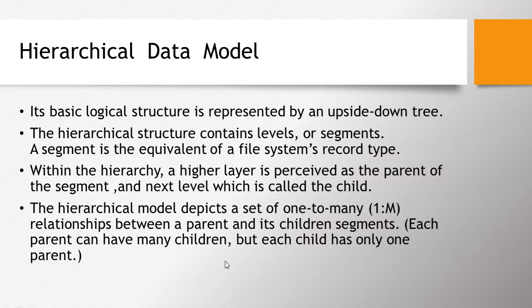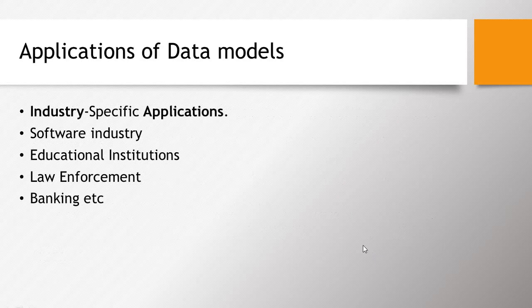The hierarchical model depicts a set of one-to-many relationships between a parent and children segments. Each parent in the hierarchical data model can have many children, but each child has only one parent. That is the difference between the hierarchical data model and the network data model.